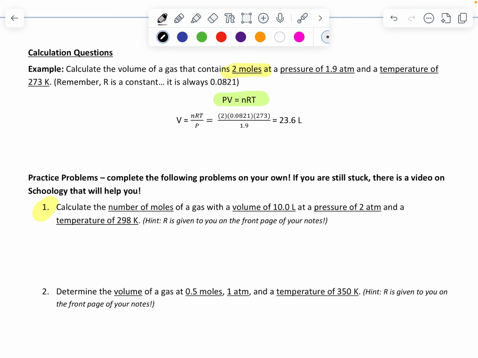We're first going to look at all of my numbers. It tells me that I have a volume of 10, a pressure of 2, and a temperature of 298. Remember, R is always given to you. R is always 0.0821.